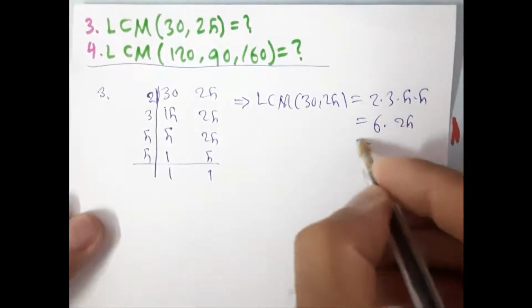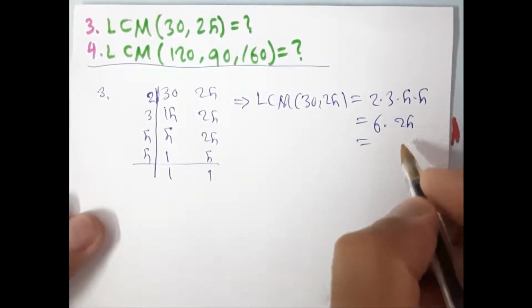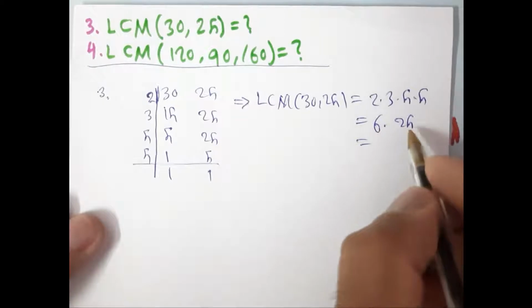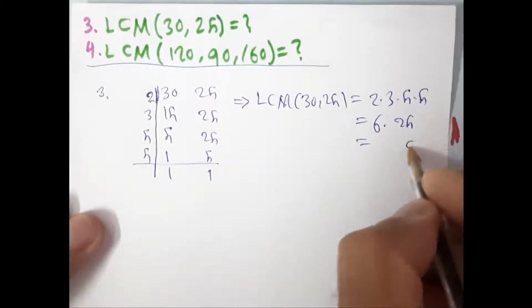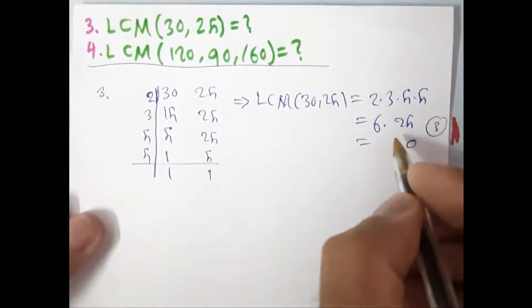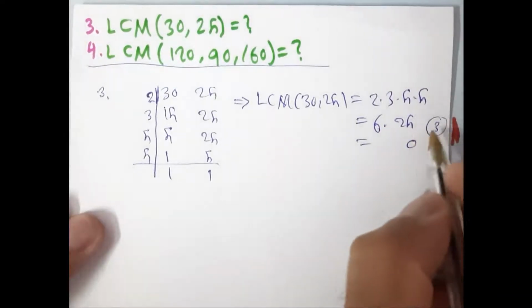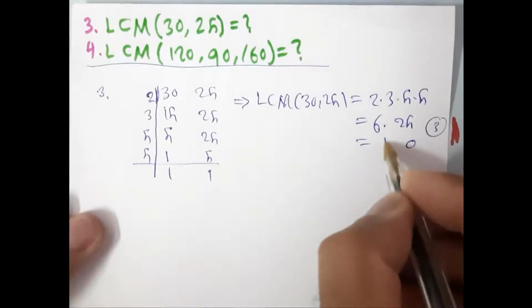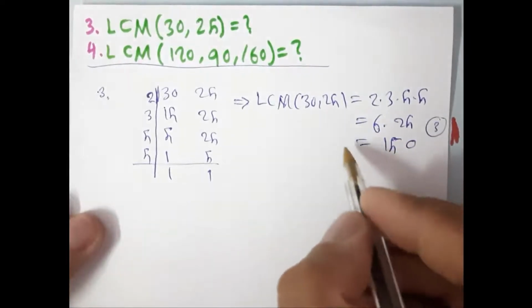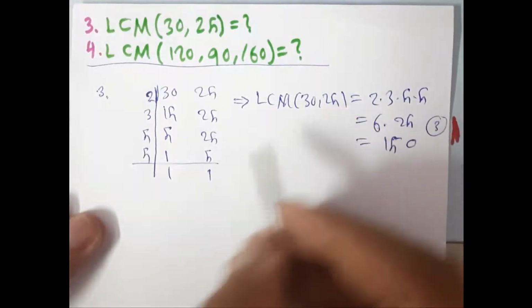It is equal to 6 multiplied by 25, 6 multiplied by 5, 30. We have 30, 6 multiplied by 2, 12. 12 plus 3, 150 is the LCM of 30 and 25.